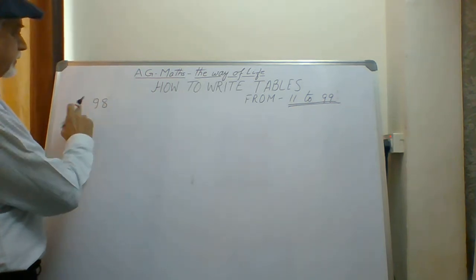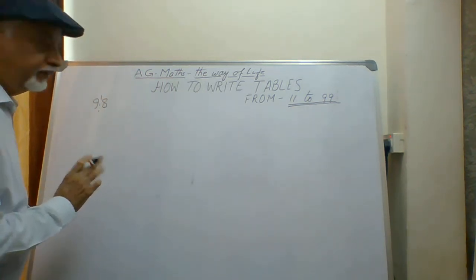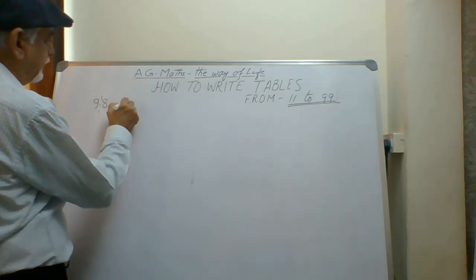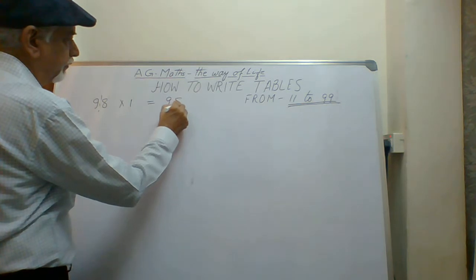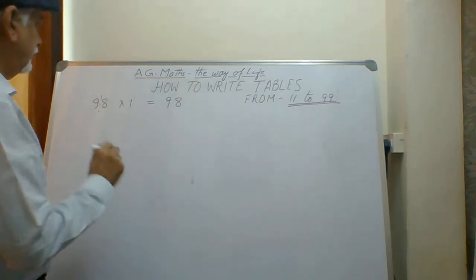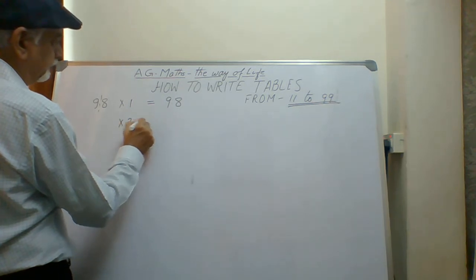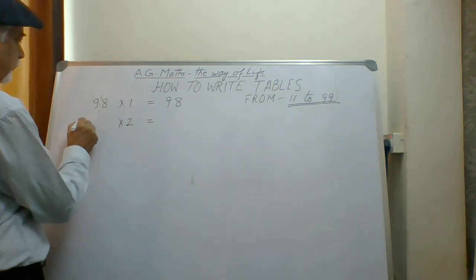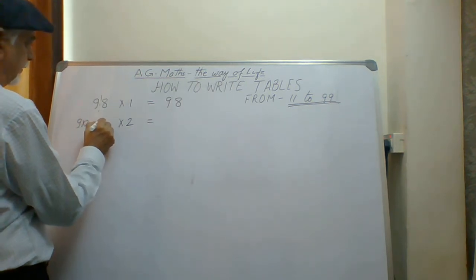I will separate this number into two parts like this, 9 and 8. 9 and 8 into 1 will give me 98. That is very simple. Now 2 times will be what? I will do 9 into 2 and then 8 into 2.